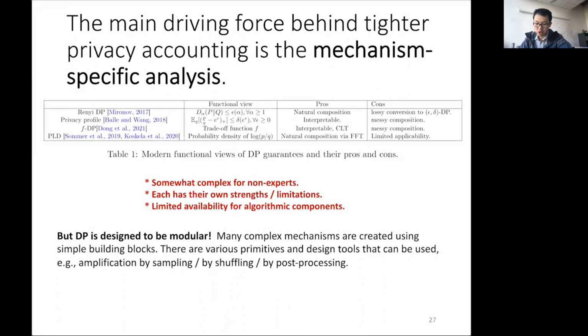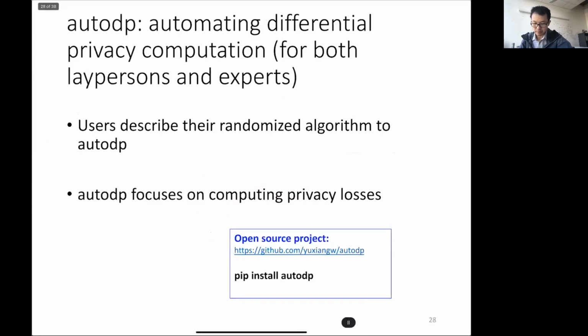The hope is that when we do mechanism-specific analysis, we'll also be able to convert a carefully designed mechanism where we know a functional representation to the amplified version of the mechanism, and then work out the corresponding functional representation for that modified and privately amplified algorithm after the pre- or post-processing.